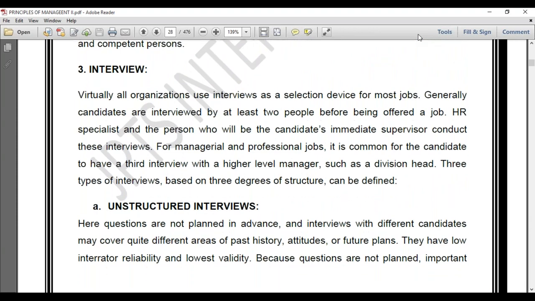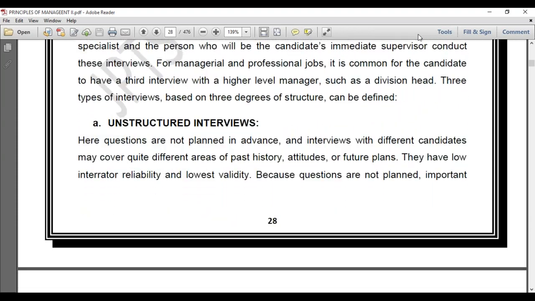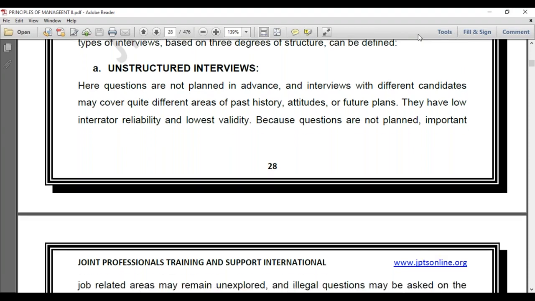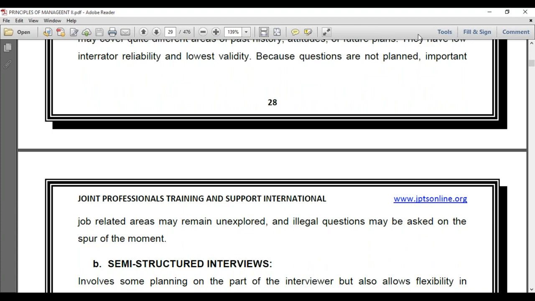We have different kinds of interviews. We have structured interviews, unstructured interviews, and semi-structured. Under unstructured interview, the questions to be asked are not stated. Immediately you come into the interview room or before the panel, your outlook will determine the first questions they will ask. In this kind of interview, they don't have already prepared questions.